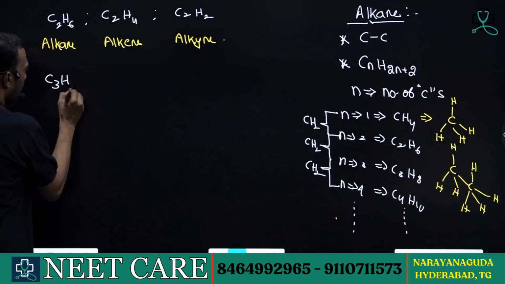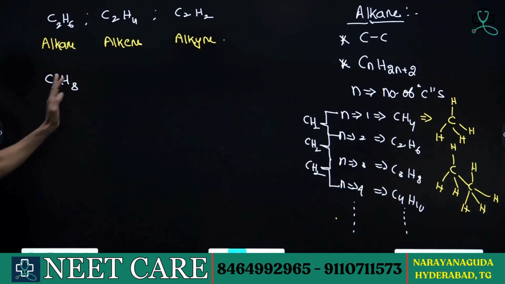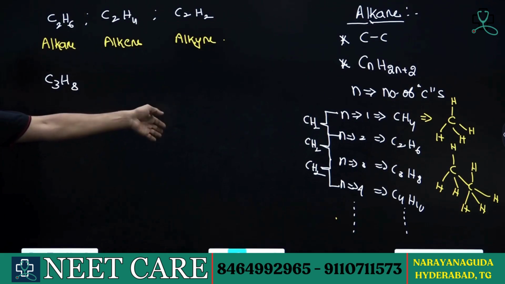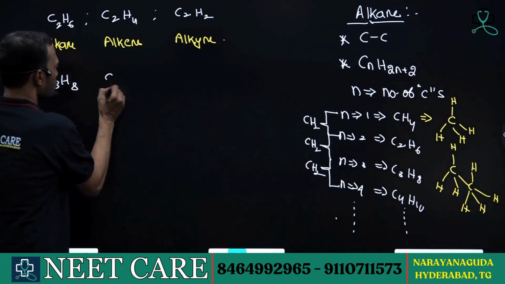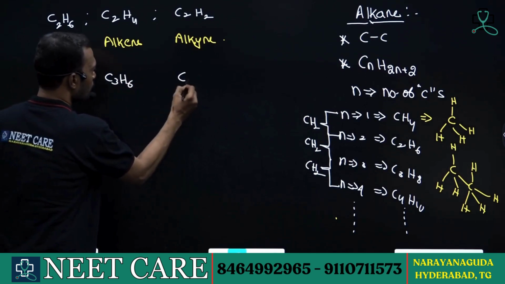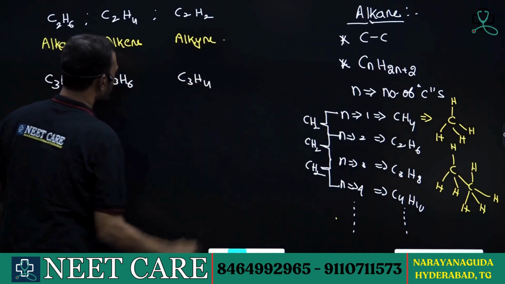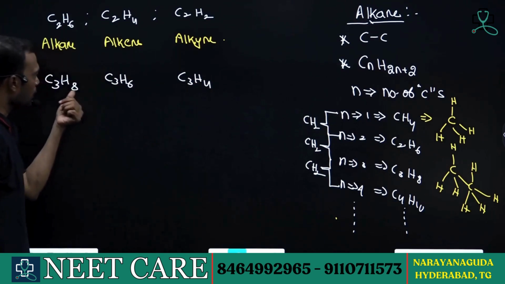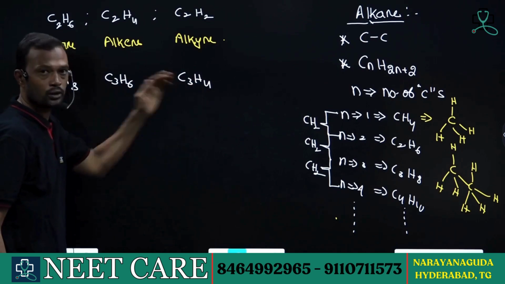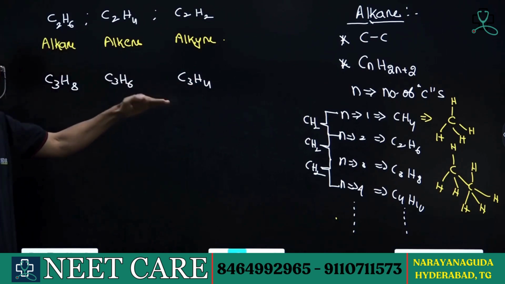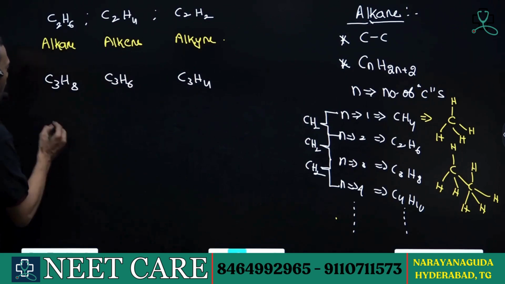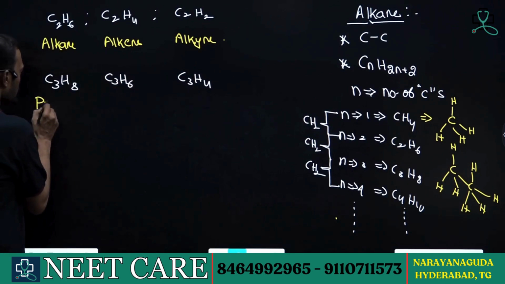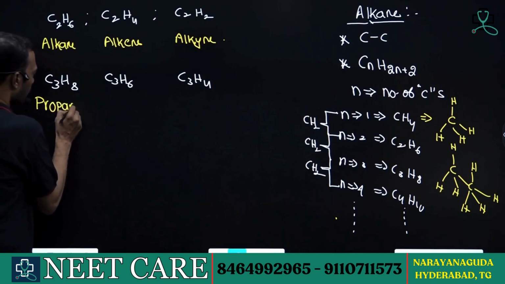Now go through one more example. C3H8, and I am saying it is an alkane. Then how to write its corresponding alkene partner? Remove 2 hydrogens: C3H6, followed by C3H4. Here the number of hydrogens is reduced: 8 hydrogens, 6 hydrogens and 4. Regularly 2 hydrogens are decreasing. So this is an alkane, we can say propane, ane.